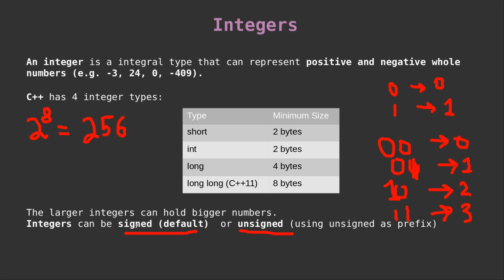For the case of signed integers, our range would be from -128 till 127. Whereas for the case of unsigned integers, we would start with 0 and then we can go up to 255.